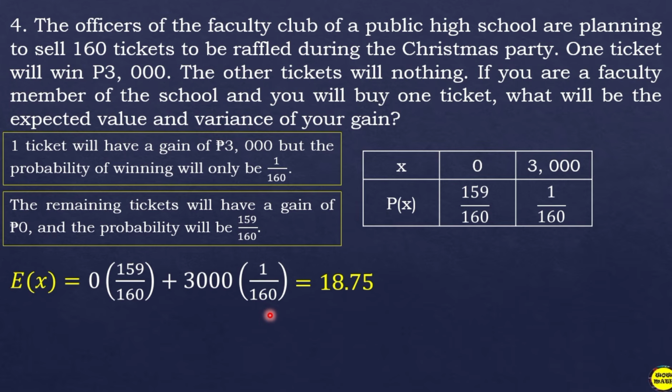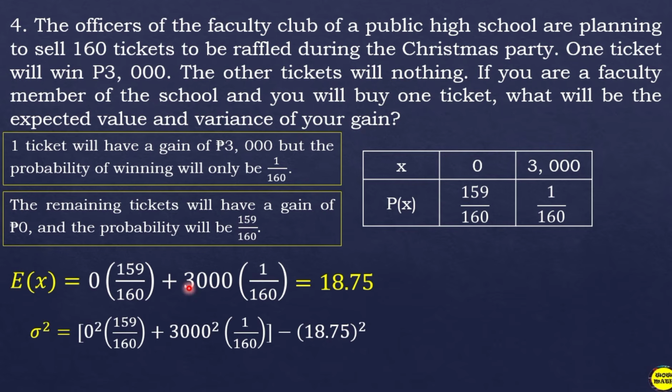So, what does that mean? Later, we are also asked to find the variance of your gain. So, for the variance, we square the values of our random variable. So, 0 squared times 159 over 160 plus 3,000 squared times 1 over 160 minus the square of your mean, which is 18.75.